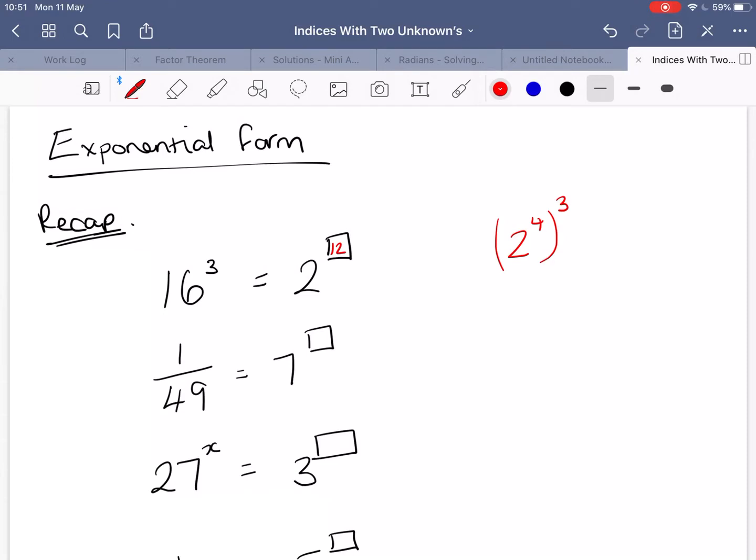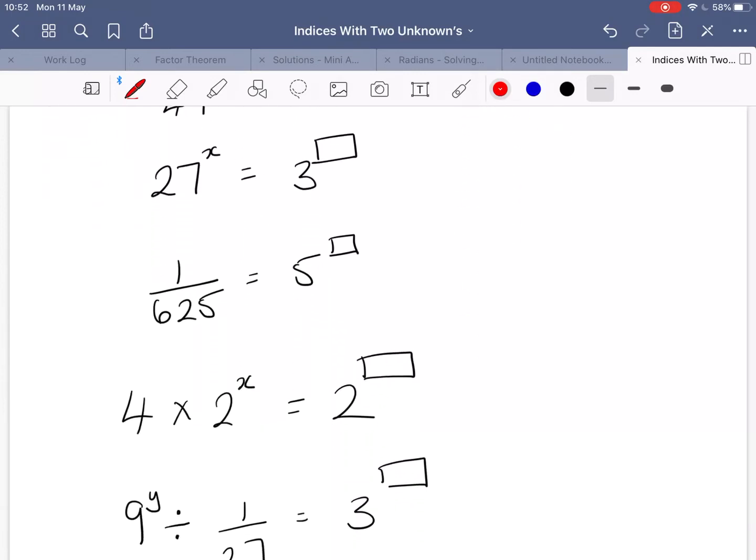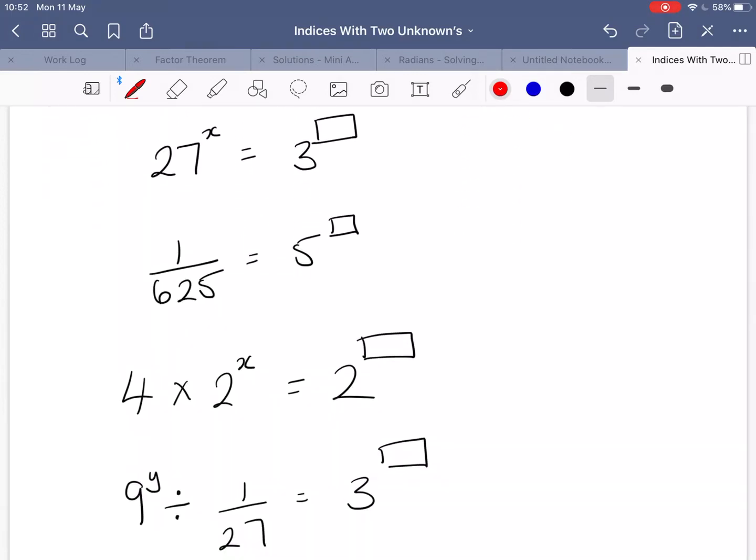1 over 49 is 1 over 7 squared. And how do I write 1 over 7 squared as 7 to the power of? Well, that would be 7 to the power of minus 2, because when you've got your number in the denominator, you've got the reciprocal. Right, 27 to the power of x. Well, again, 27 is 3 cubed, so I've got 3 cubed to the power of x.